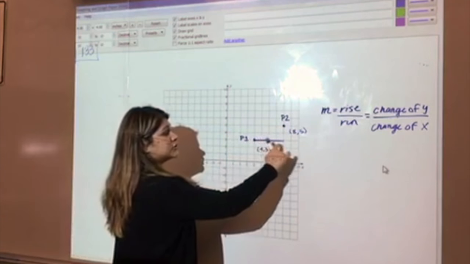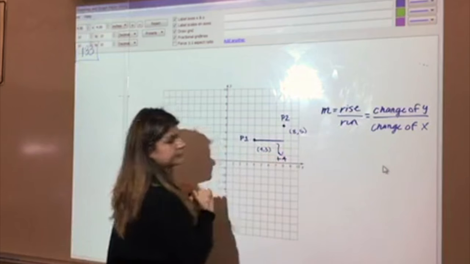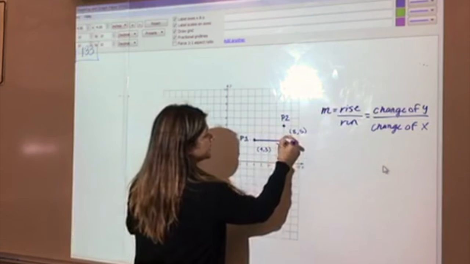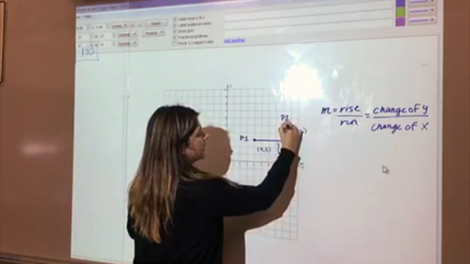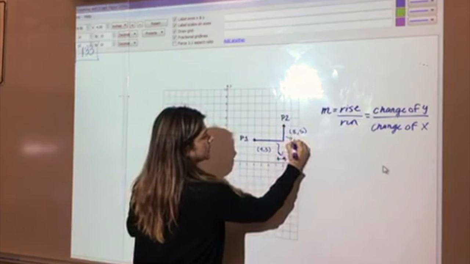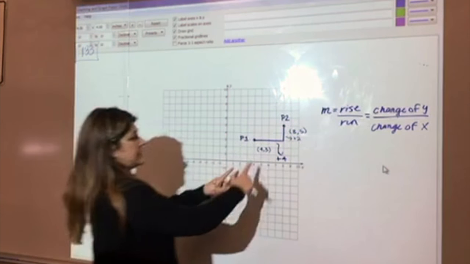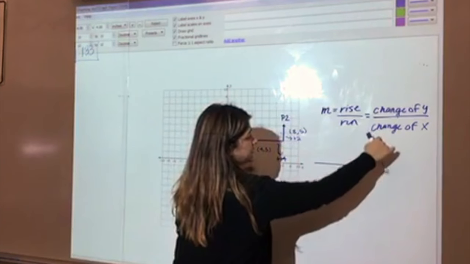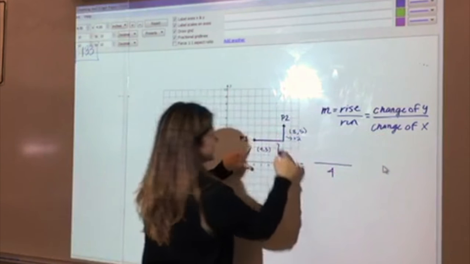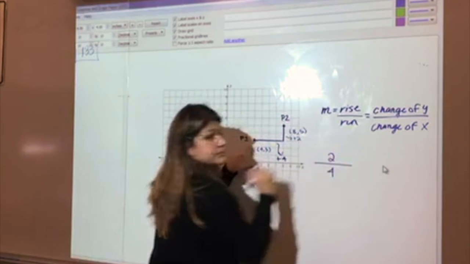I went 4 units to the right, or plus 4. From there, I still have to go up, so I went 2 units up, which is plus 2. So the change of my x was 4, and that's in the denominator, and my change of my y was positive 2, and that's in my numerator.